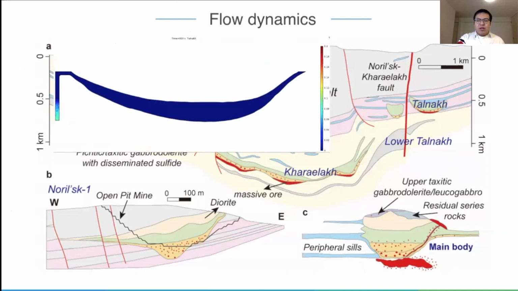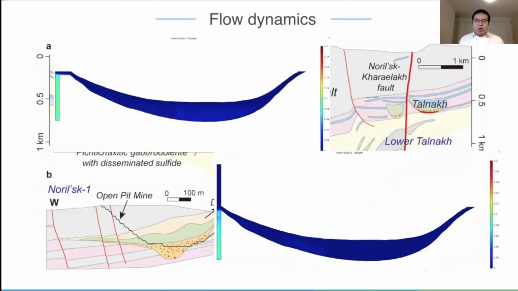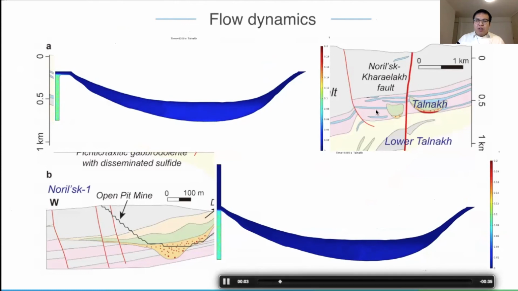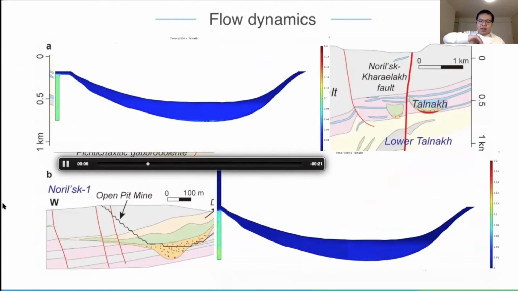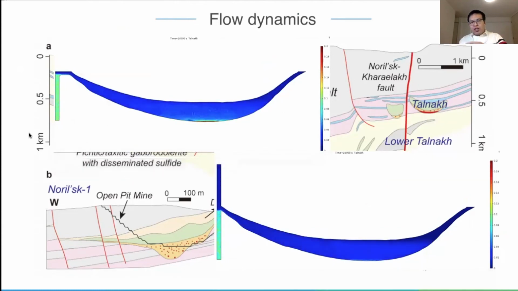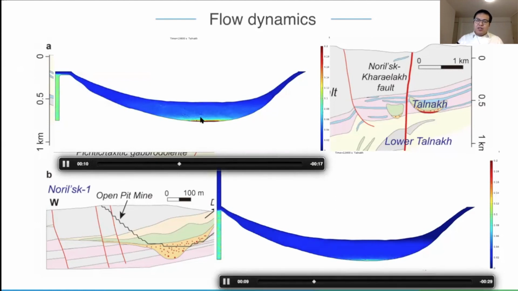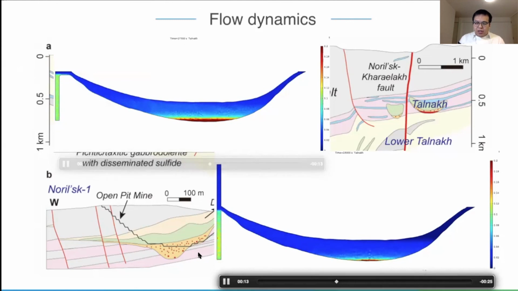I did fluid dynamic modeling for this Talnakh. We can see that in this one the dike will totally change to the sill, and this is the deposit of sulfide here. And in this one, the dike is still the conduit, and the sill is just some part of this conduit. And we can see the deposition of the sulfide droplet.